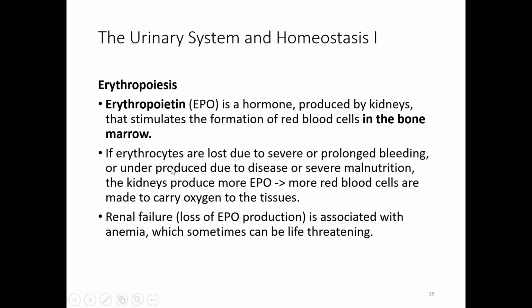And if for some reason we need more erythrocytes, red blood cells, when they are lost, it can happen because of bleeding or underproduced urine disease, severe malnutrition, kidneys produce more EPO and more red blood cells will be made. In case of renal failure, when kidneys do not produce EPO, it can cause anemia, and sometimes that anemia can be life-threatening.